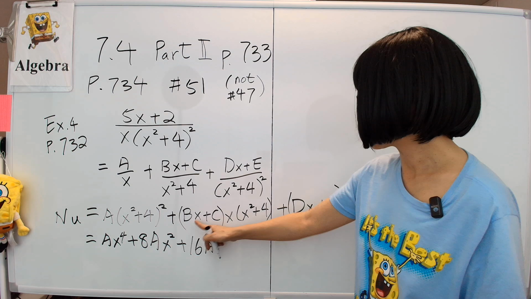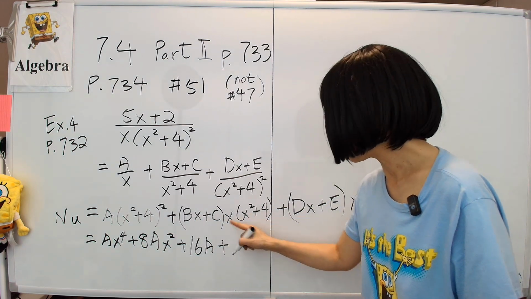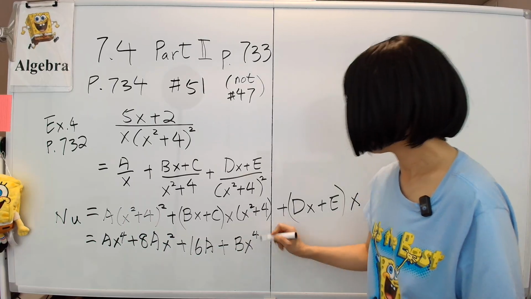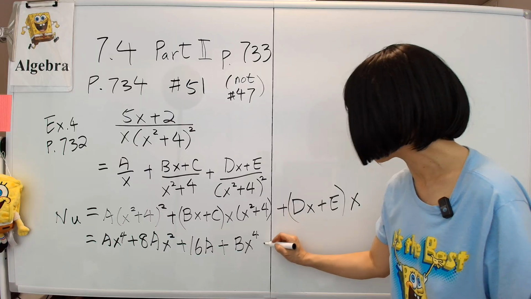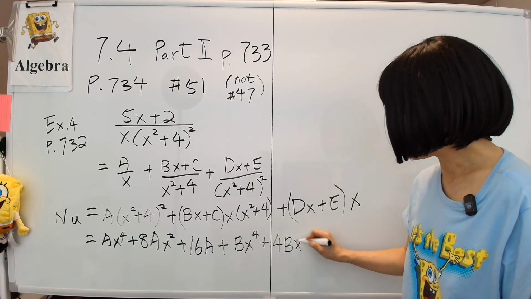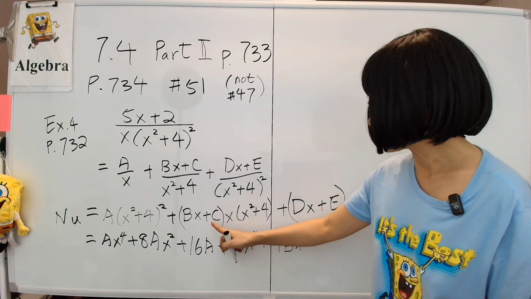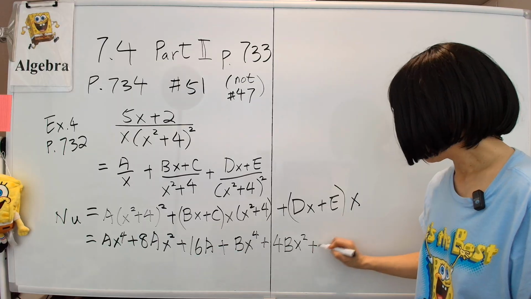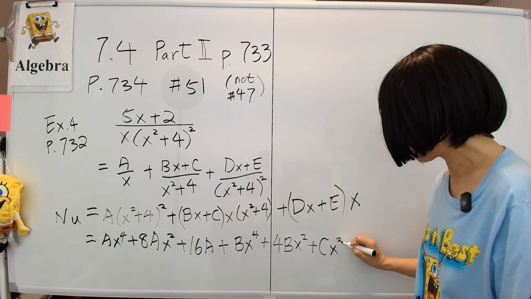So bx times x squared is bx cubed, and one more x makes it bx to the fourth. Next, bx times 4 is 4bx, except that there's another x multiplied to it, so 4bx squared. Next, c times x squared is cx squared, except that we have one more x, so it becomes cx cubed.